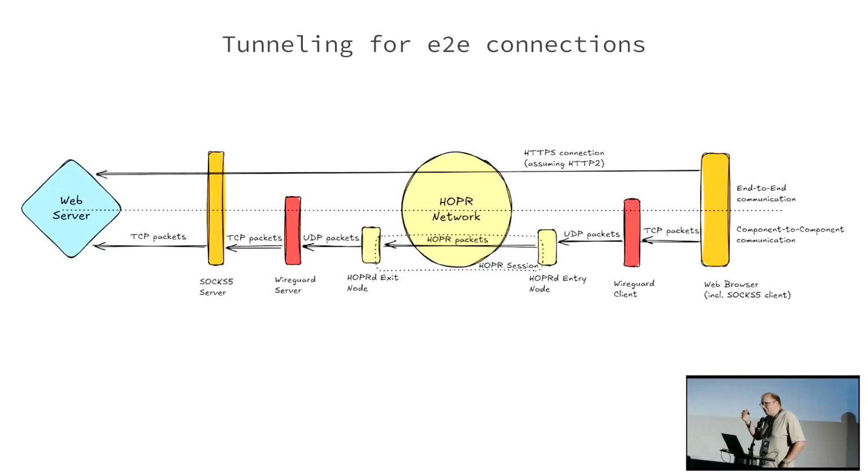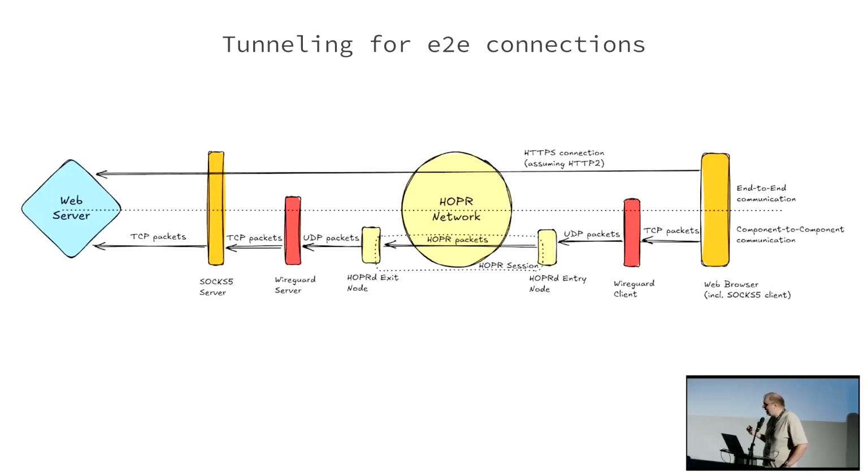And eventually, those will be tunneled through the HOPR network to the exit nodes. And there, whatever target you have for your TCP connection will be connected to also via TCP. So you get transparent TCP and UDP tunneling for applications.